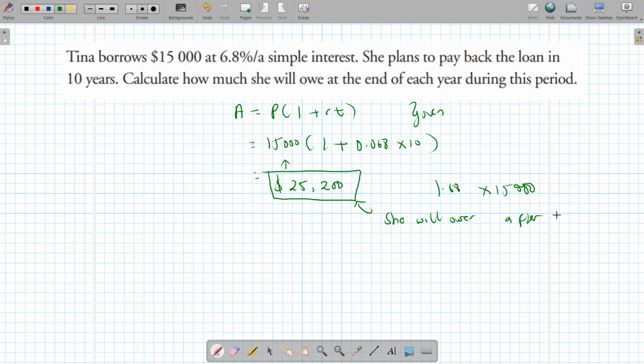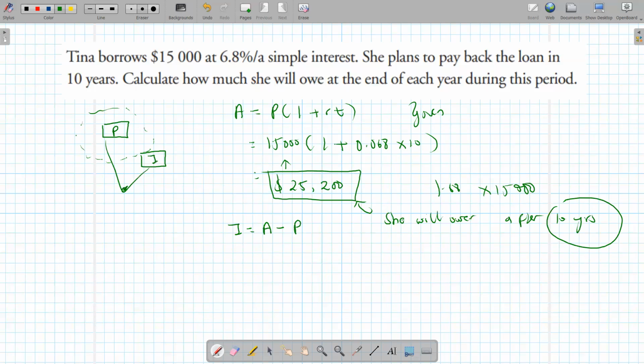So how much does she have to pay back in just interest? What's the interest over 10 years? To find the interest, you just subtract the final amount she pays back minus the initial amount she borrowed. Let's look at what all these letters mean. P is the initial amount that you put in the bank, or you borrow from the bank, and after a while, you either earn interest or you have to pay back interest.